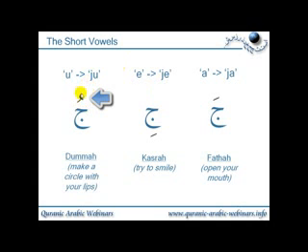The symbol itself is known as Dummah, and when you make the sound, i.e. oo, you make a small circle with your lips. So say oo, and with the letter jim it becomes ju. So those are the three short vowels known as Fathah, Kasrah and Dummah, giving the sounds a, e, oo.